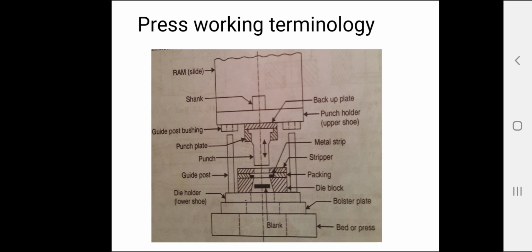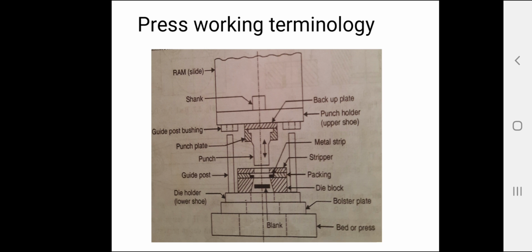Let us discuss press working terminology. This figure shows a cutting die used for punching and blanking operations. Let us discuss the components in detail. You can see in the diagram. The bed is the lower part of a press frame that serves as a table to which the bolster plate is mounted.